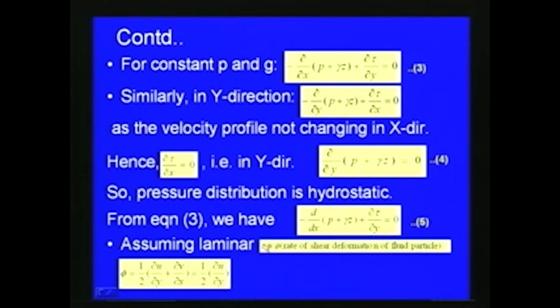So, phi dash is equal to half of (del u by del y plus del v by del x). Here you can see that del v by del x is 0, so phi dash is equal to half del u by del y.